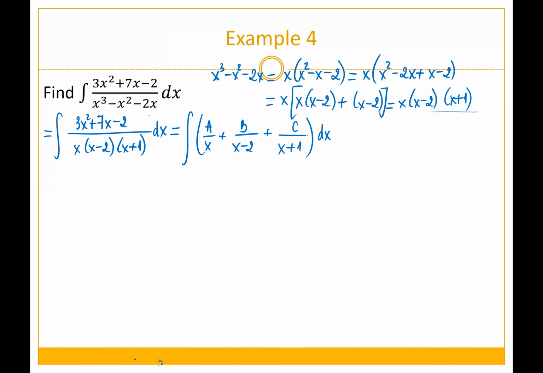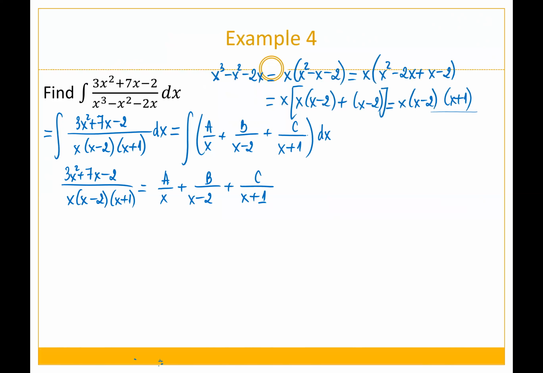Now I would ignore the dx and the integral sign and just work on the inner algebra. So we have (3x squared plus 7x minus 2) over (x)(x minus 2)(x plus 1) equal to A over x plus B over x minus 2 plus C over x plus 1. If we want to find what A, B, and C are, we have to put them over the same denominator, which is x, x minus 2, x plus 1.